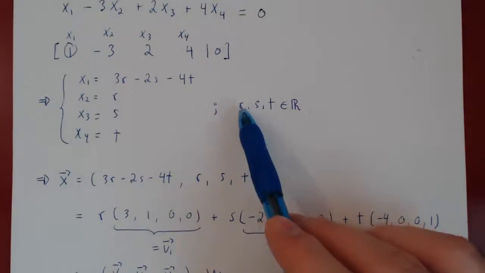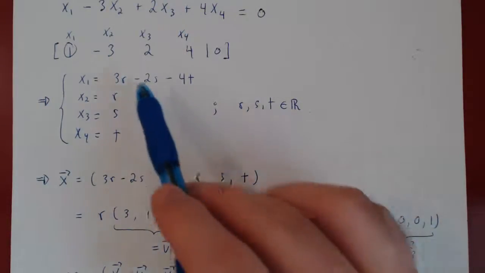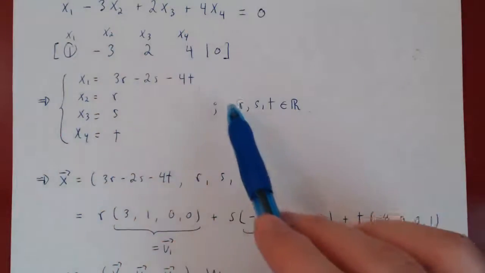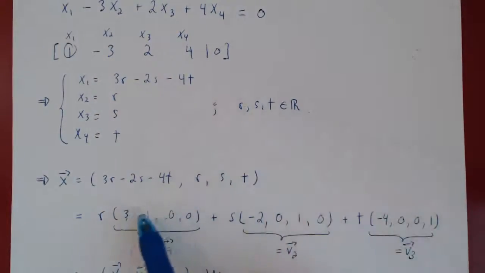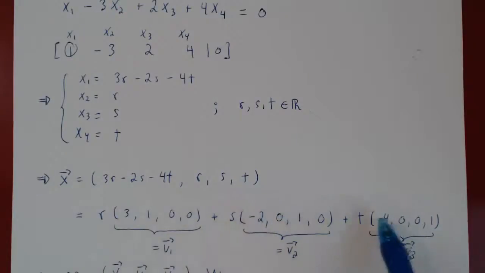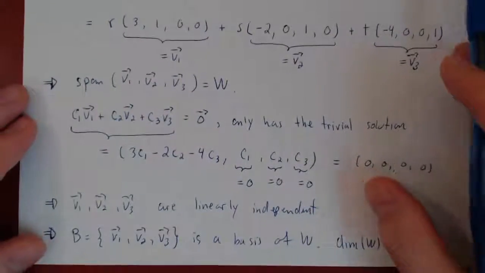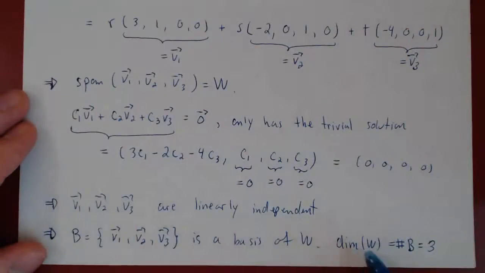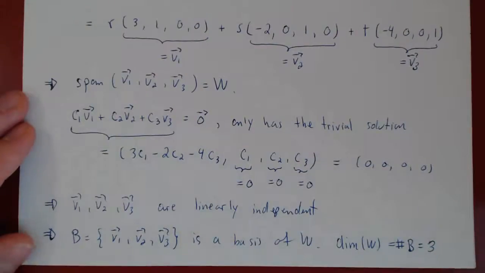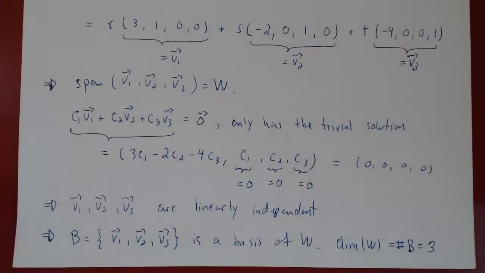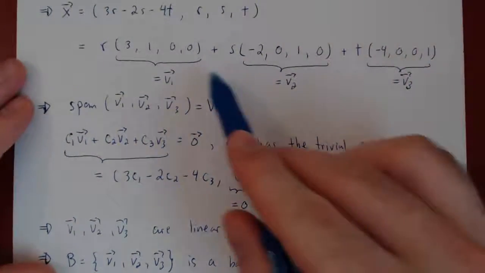Since we ended up with three free variables, x2, x3, x4, we had three parameters, which gave us each one a generator. Therefore, we have a three-dimensional subspace of R4.